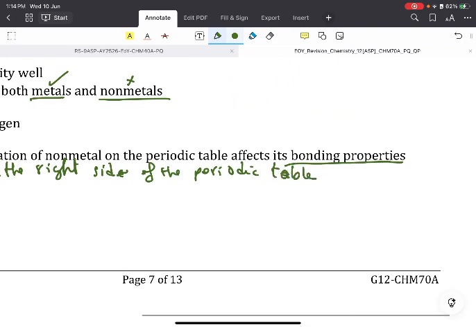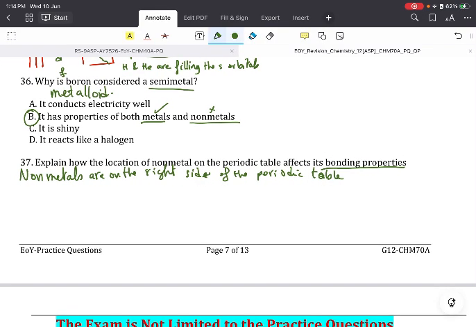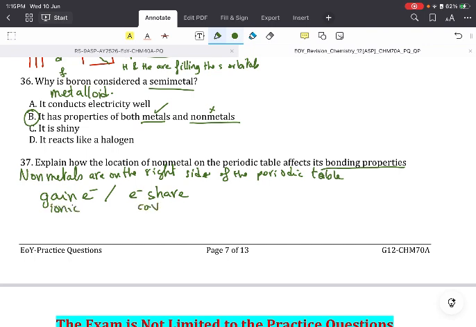Now, how does their location matter? Non-metals gain electrons if they are involved in ionic compound bonding, or they share electrons. So either they gain, here in the ionic, or they share, here in the covalent bonding.